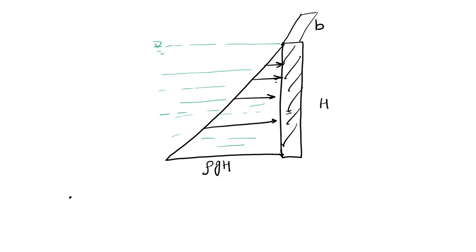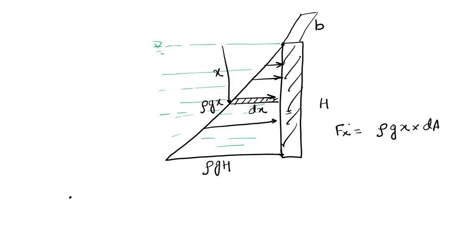Okay, so now at a distance x from the free surface, I have taken a small element, that is dx. Here the pressure will be rho g into x, right? So what will be the force at distance x? It will be nothing but rho g x, right? This will be the pressure, into area, that is dA.